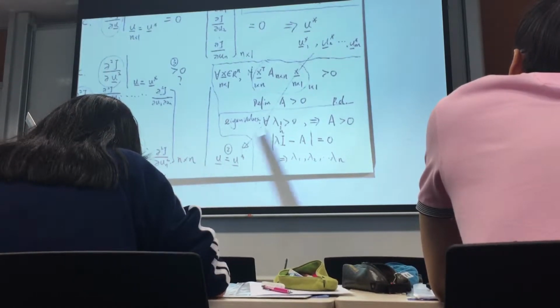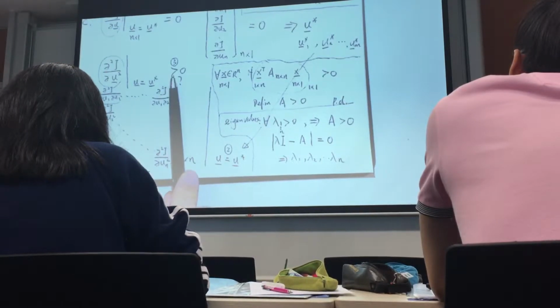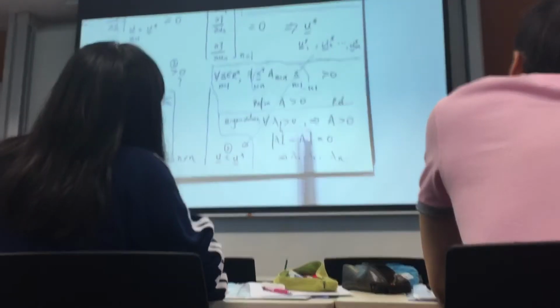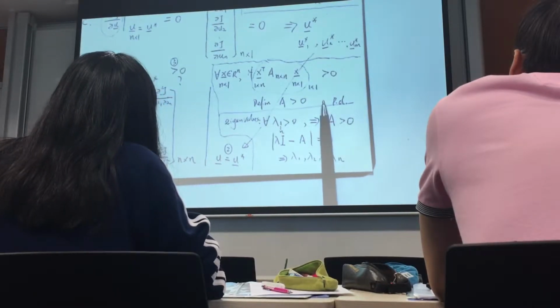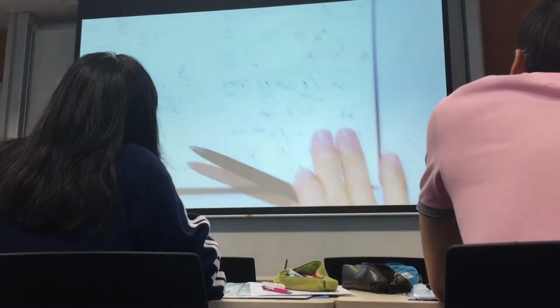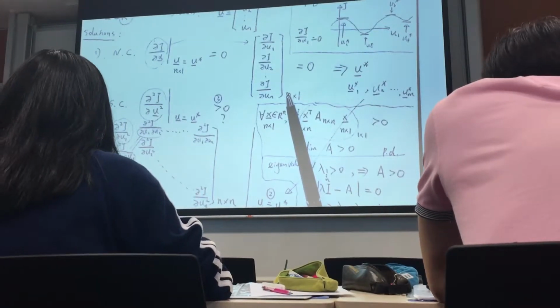The knowledge we require here is to evaluate whether a matrix is positive definite or not, which requires you to evaluate the eigenvalues. Okay, so this is the knowledge that we learned last week.